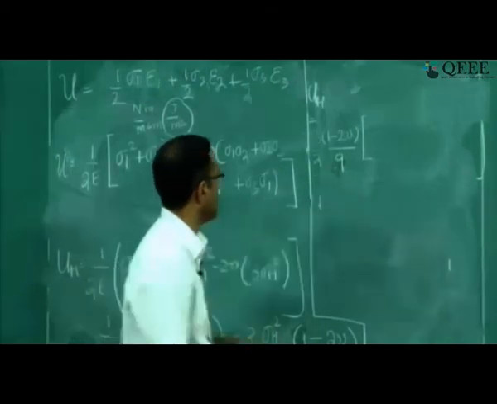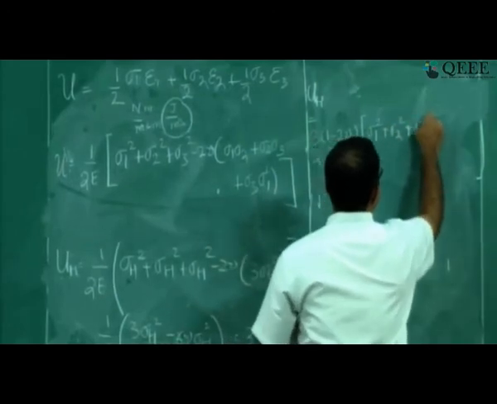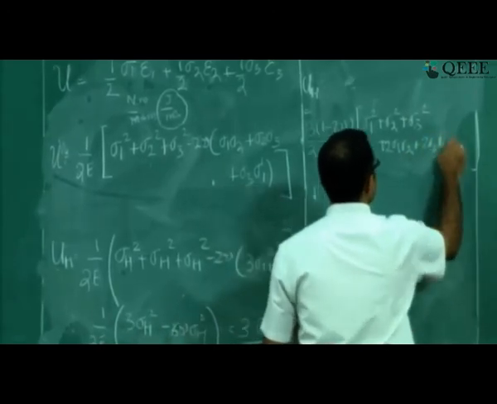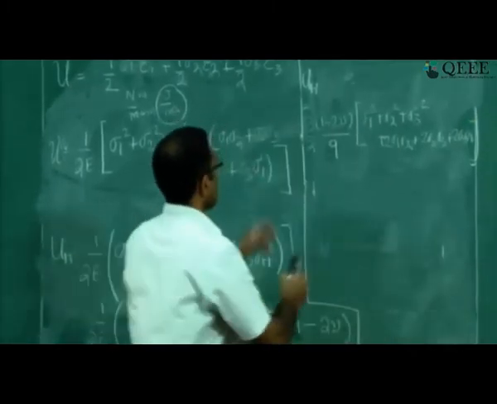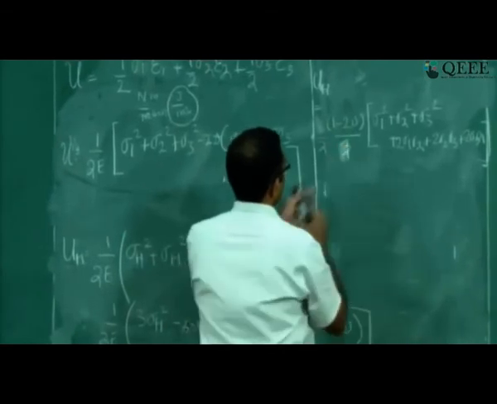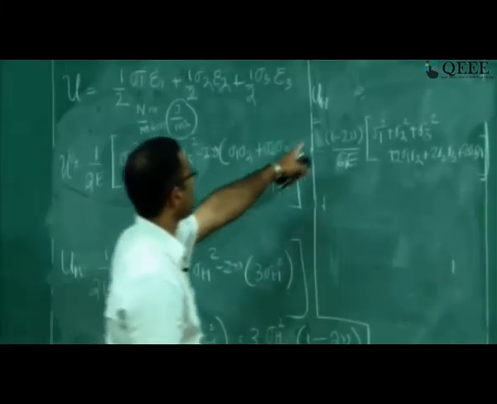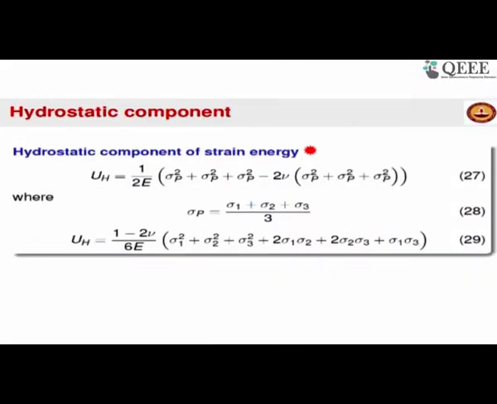So square of it there will be a 9 here, and this one is obviously sigma 1 square plus sigma 2 square plus sigma 3 square plus 2 sigma 1 sigma 2 plus 2 sigma 2 sigma 3 plus 2 sigma 3 sigma 1. So this expression, 1 minus 2 nu by 6E, is the expression for the hydrostatic component of strain energy. That is in equation number 29, I think. There is a factor of 2 missing there for sigma 1 sigma 3, so that's a typo. It should be there over here. So 1 minus 2 nu by 6E.